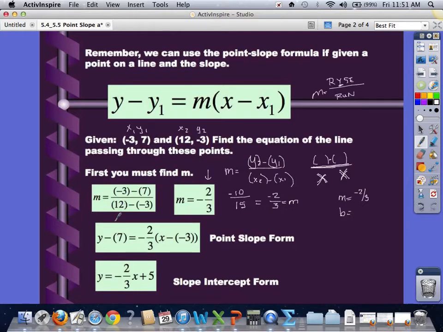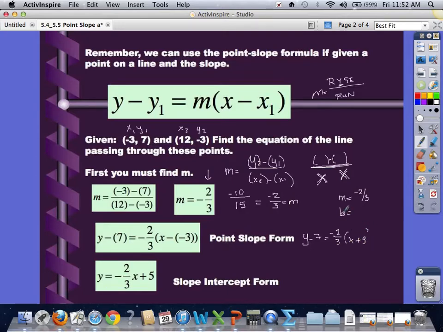So I'm going to go down here and plug in 7, which is my y1, and there's my slope that I just found, and my x1 point. And then you simplify it. Now, if you want to leave it in point slope form, it would simply be y minus 7 equals -2 over 3 times x plus 3.